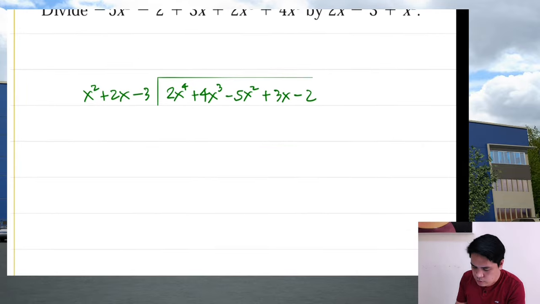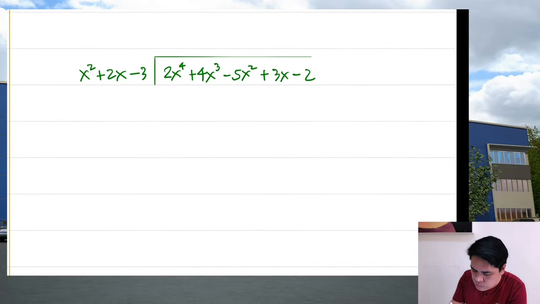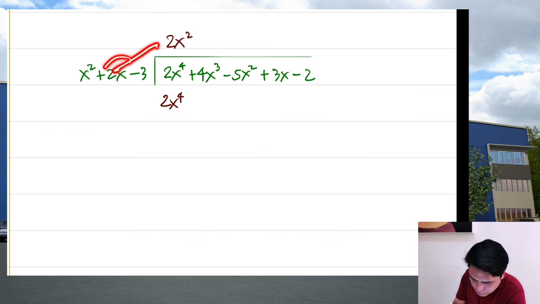Okay, let's continue. So the same procedure in dividing polynomials. We start with this divided by this. So that would be 2x squared. Then 2x squared times x squared would be 2x raised to 4. Then 2x squared multiplied by the second term, 2x, would be 4x cubed.